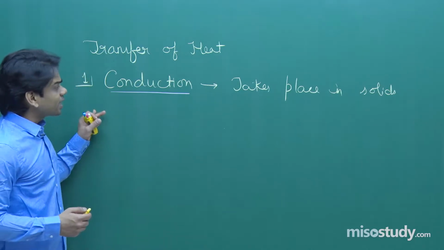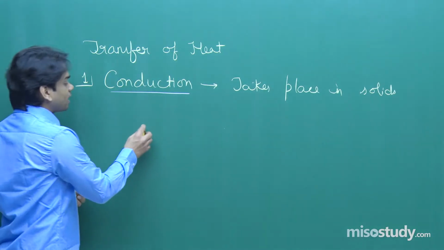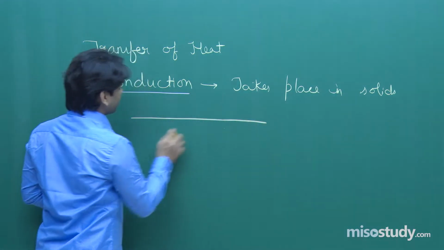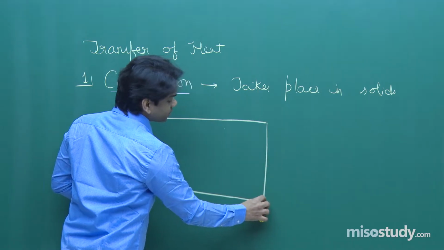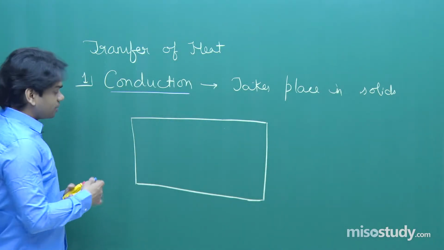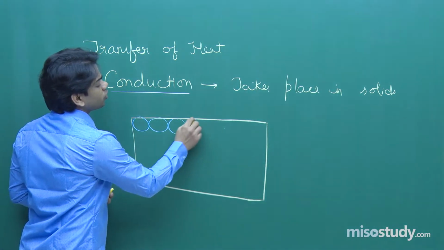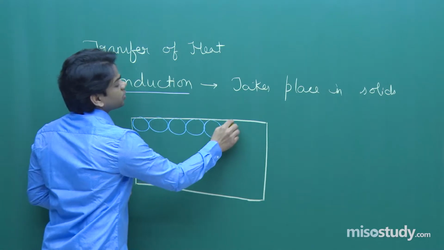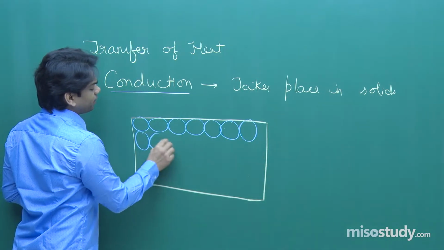Now how does conduction take place in a solid object? See here. We all know how a solid object is constructed, what it is made up of. In a solid object, there will be several molecules. So I'm going to draw several molecules which make up this solid object. These molecules are tightly packed.